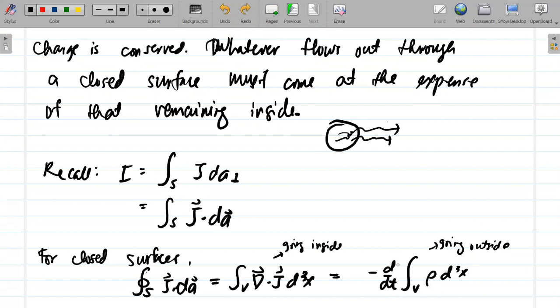Tapos, time rate of change ng charge mo na lumalabas and negative nun, that is equal to the charges going inside. Teka nga lang. Tapos itong kabila naman, yun yung going outside.